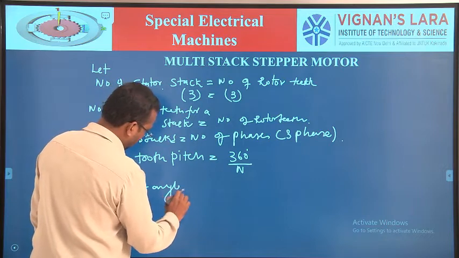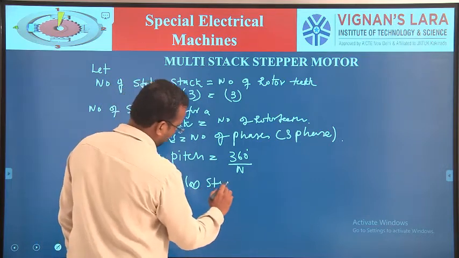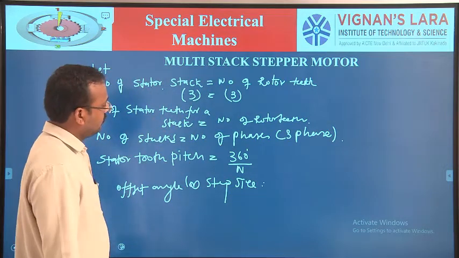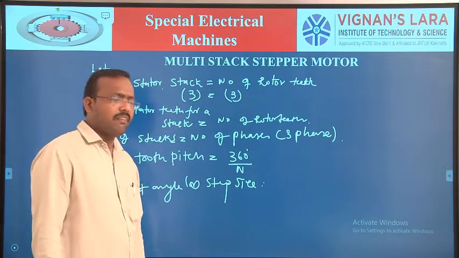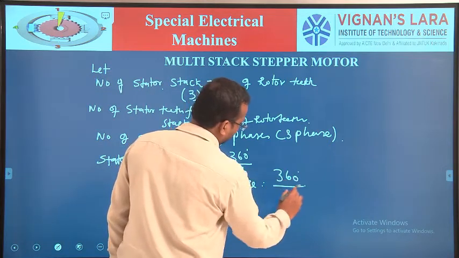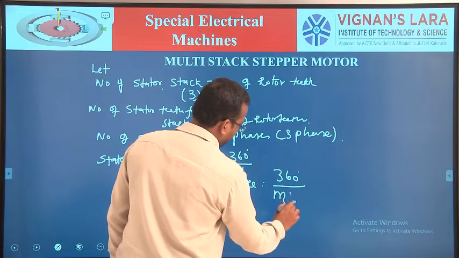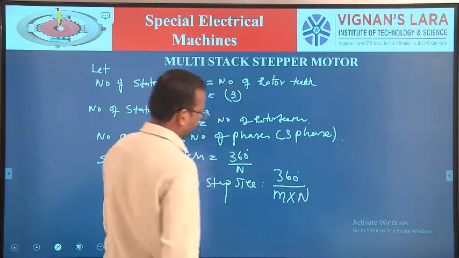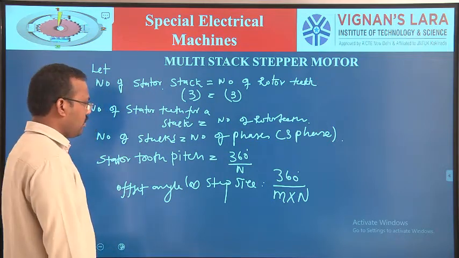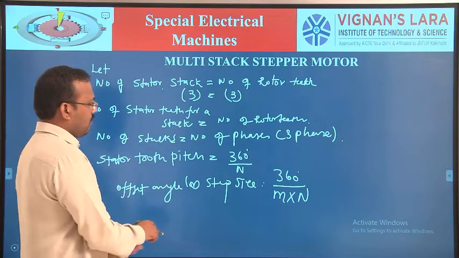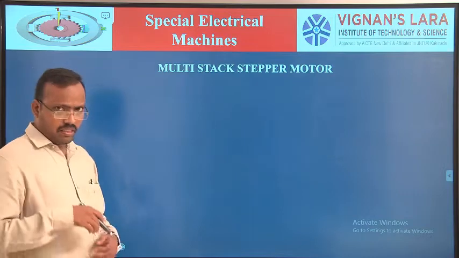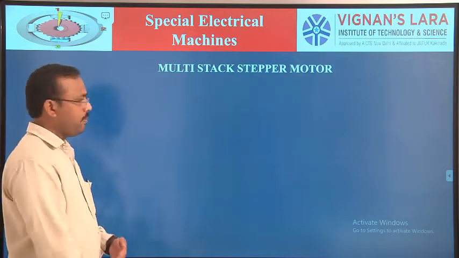Similar to a single stack variable reluctance motor, it is 360 degrees upon number of phases multiplied by n. Okay, so these are the basic formulas. From those formulas, we will derive the requirements.